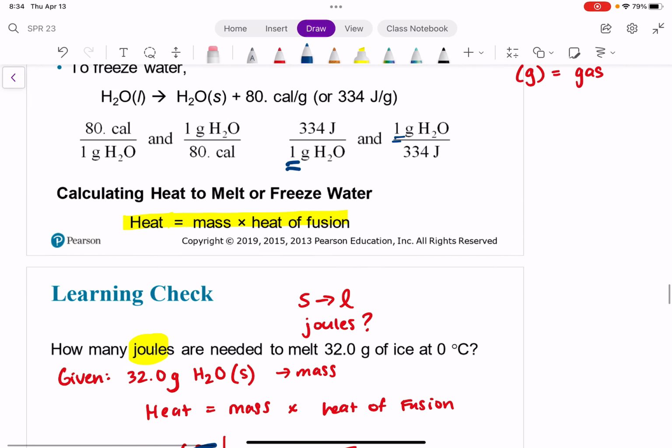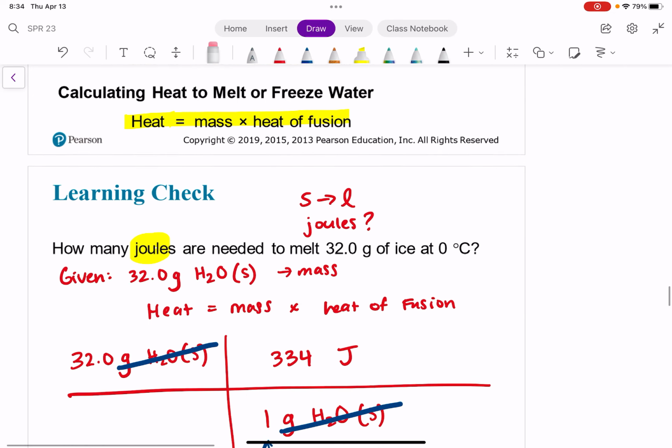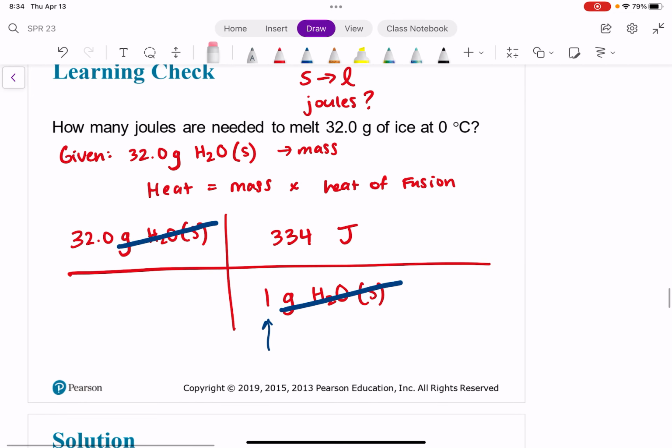If this had asked for calories, you could also calculate that. Okay, let's keep going. We canceled out our grams of water, and we're left with joules on the top, which is what we wanted. So now we got to carry out that calculation.